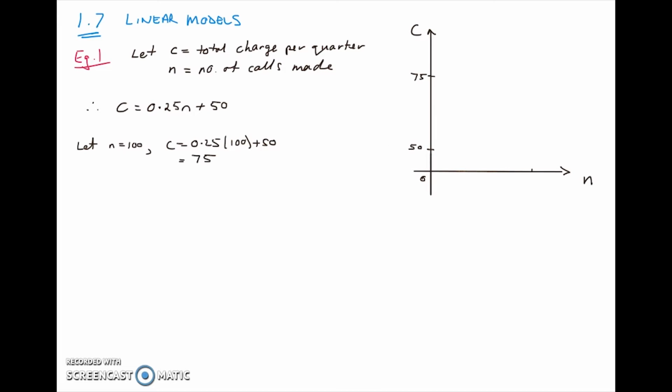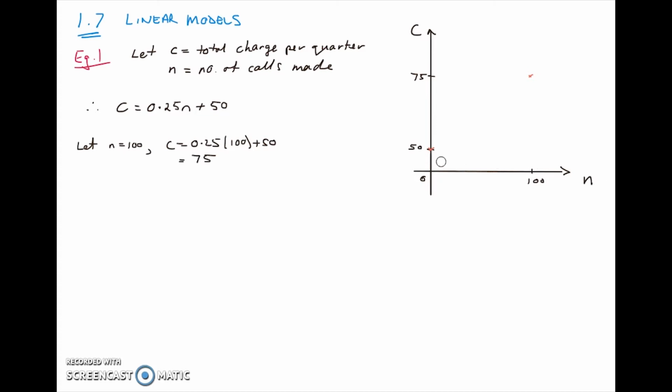So we can mark in a point. It's only a sketch, so we mark our scale at 75 and put our point at 100 on the x-axis and 75 on the y-axis, and then we can draw a line through those 2 points.